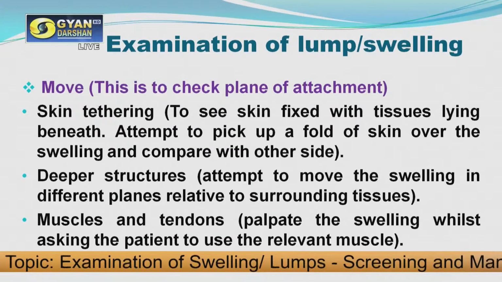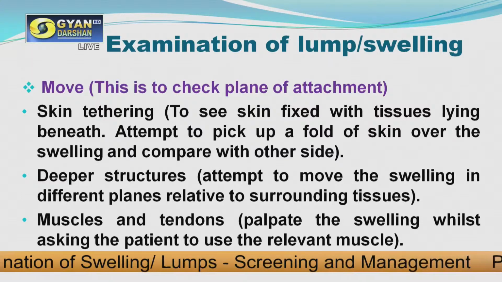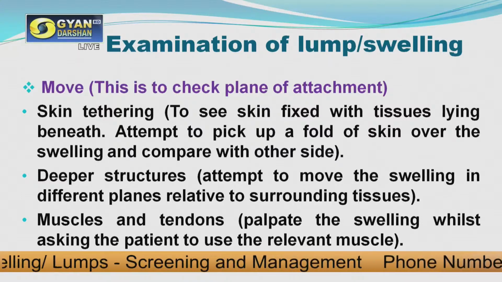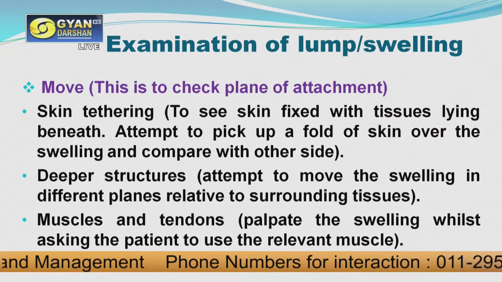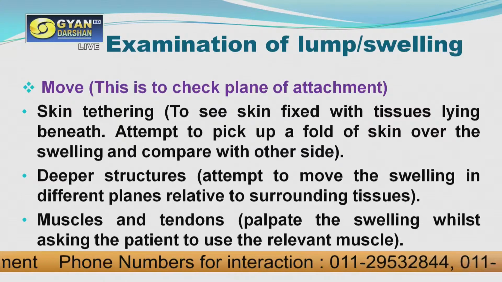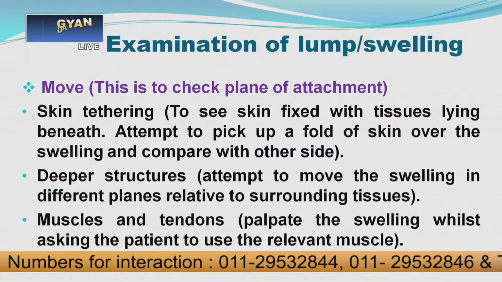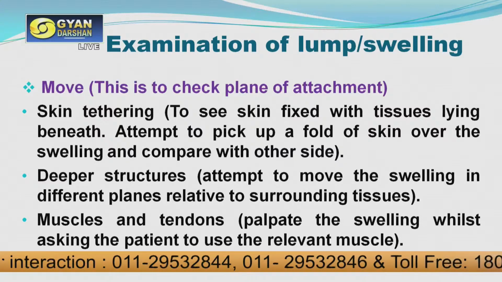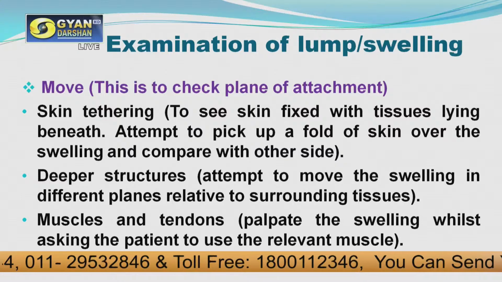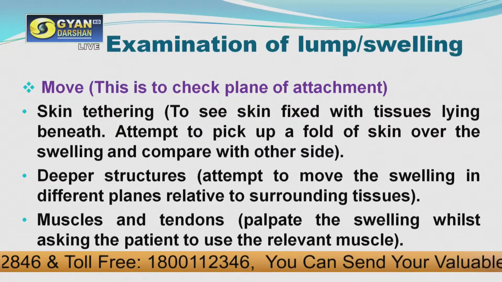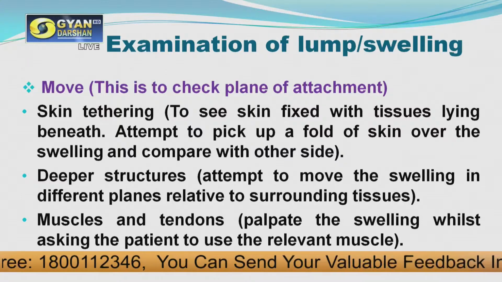Movement is another finding, in which you check the plane of attachment, whether that lump is attached to some part of the skin or tissues, or it is just moving or fluctuating, which we were talking about earlier. So see whether the skin is fixed with the tissues lying beneath.